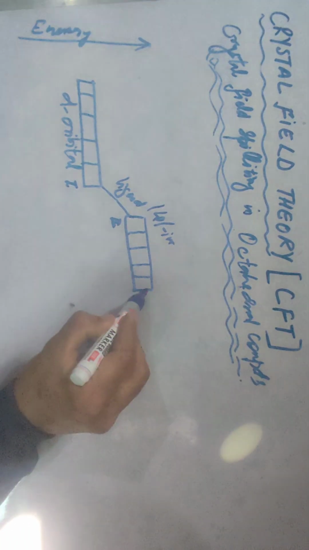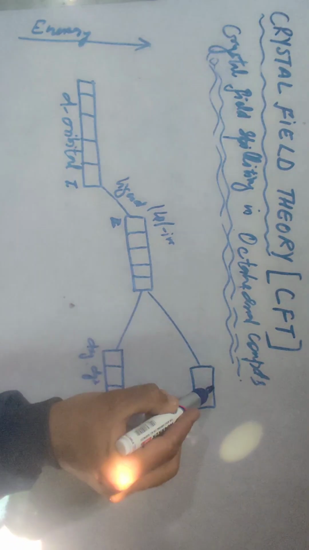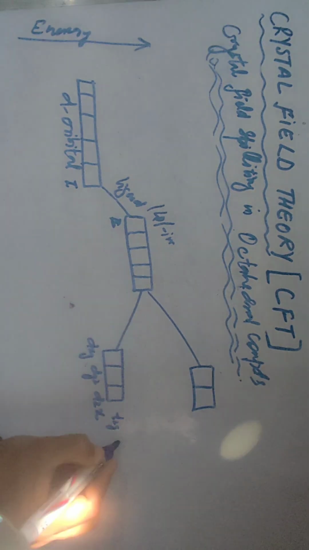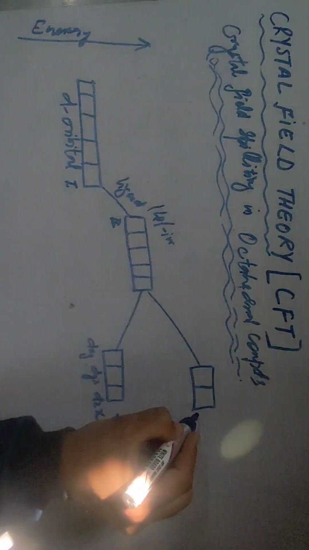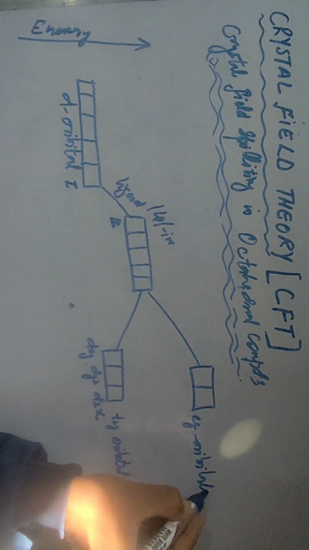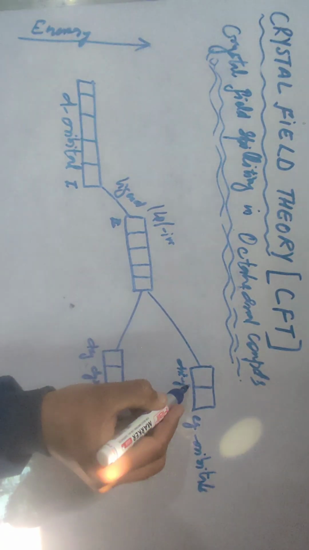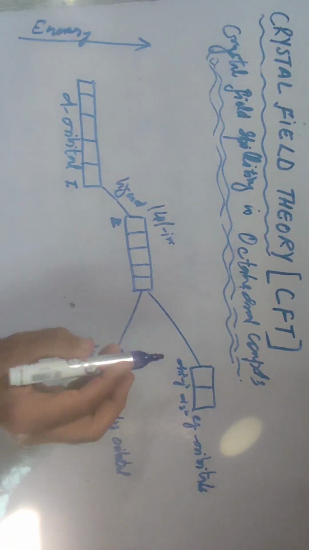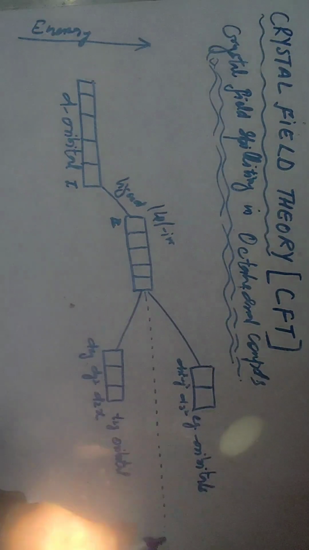The next set is the EG set. So these three are known as T2G orbitals, whereas these two are known as EG orbitals, dx square minus y square and dz square.